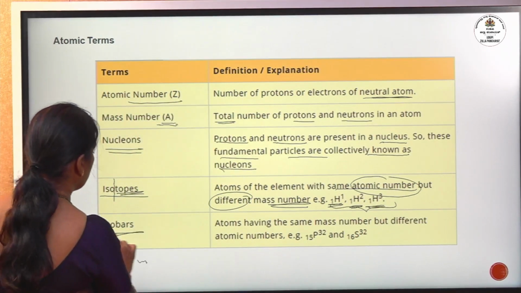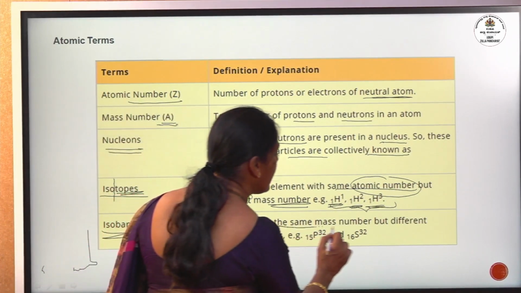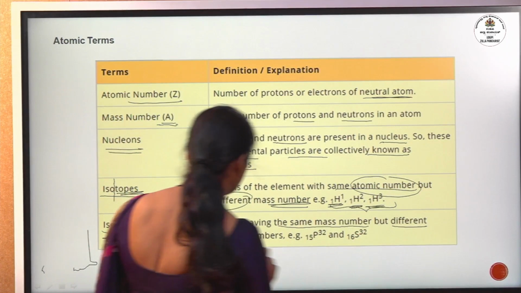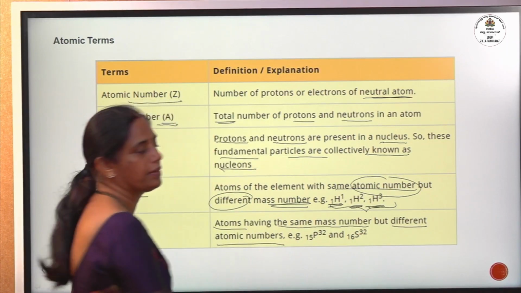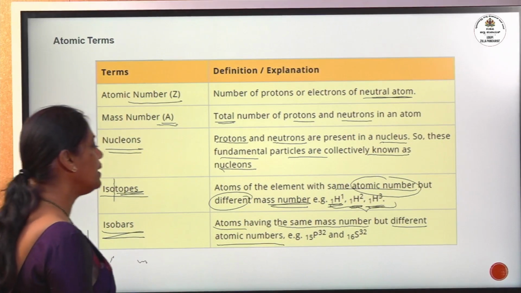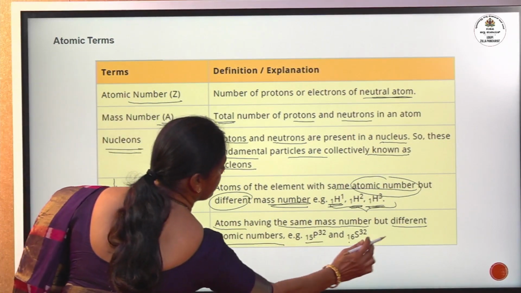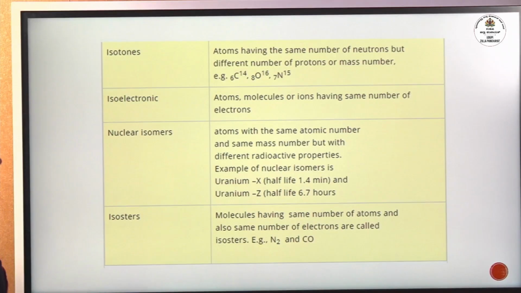One more term, isobars: atoms having the same mass number but different atomic numbers. Mass number is same but atomic number is different. Example, we can take this as example.